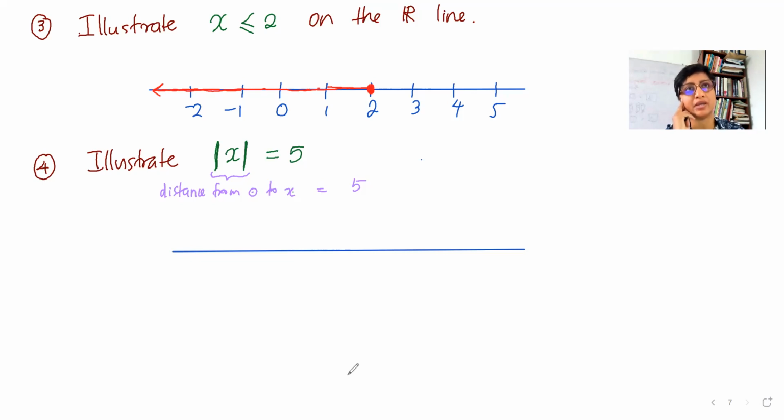What can x be? Any number from 0 to 5. As long as the distance is 5, x can be any number. Like if it's minus 1, it can come up to minus 4. That way it can come to a distance of 5.